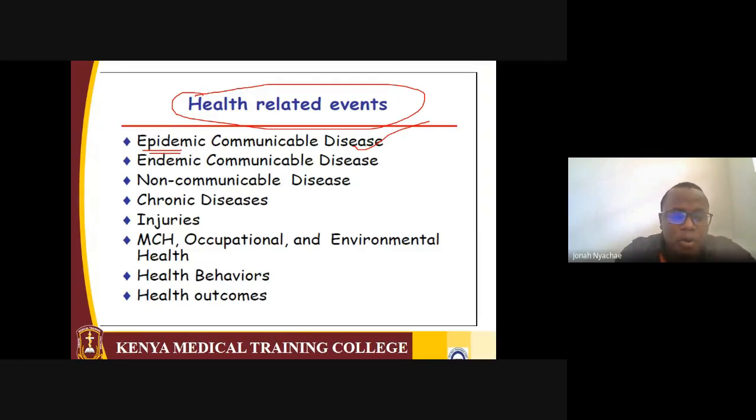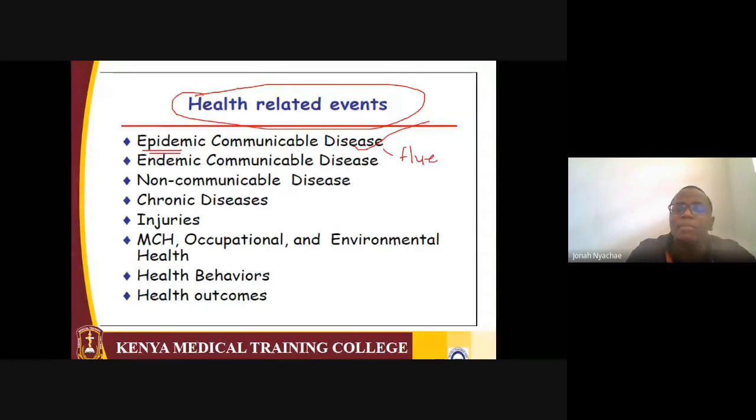So if we're talking about an epidemic, for instance, we say that this malaria has become epidemic. It means that it is widespread occurrence in a particular time. It could be flu, just flu. You understand there are times when we have flu, all of us are coughing. So it becomes epidemic. It is widespread.